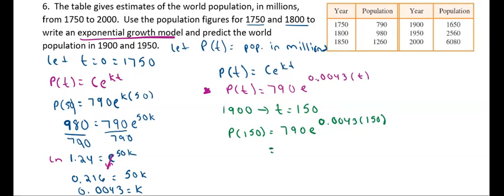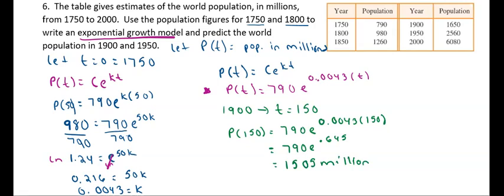So we can type this in. If we keep solving down, we'll have 790 e, and then multiply this all together, and it should be 0.645. And then type this into your calculator, and we're going to round, so we'll have 1505 million.